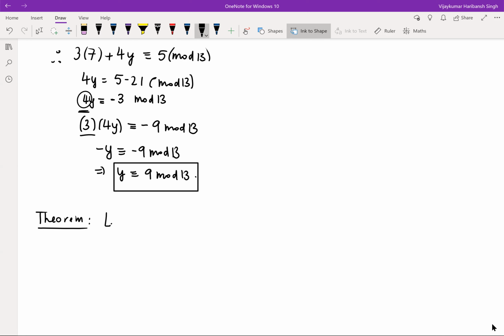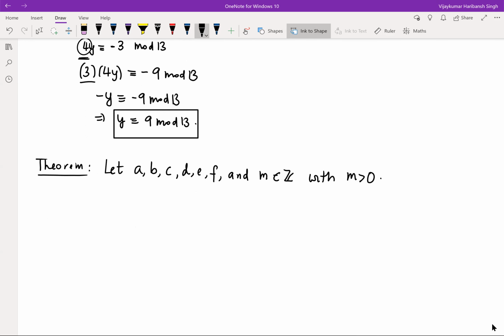Let a, b, c, d, e, f, and m belong to Z with m greater than 0. The starting point is you have ax plus by congruent to e mod m, and cx plus dy congruent to f mod m.